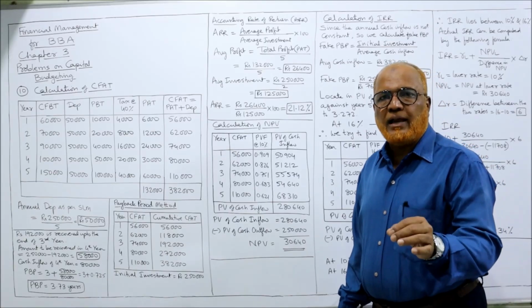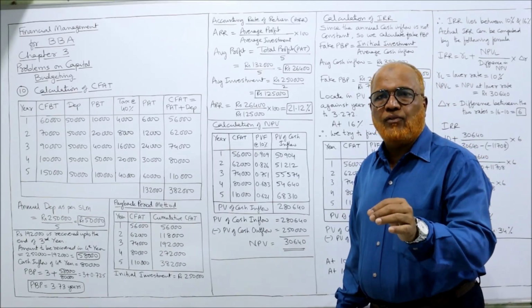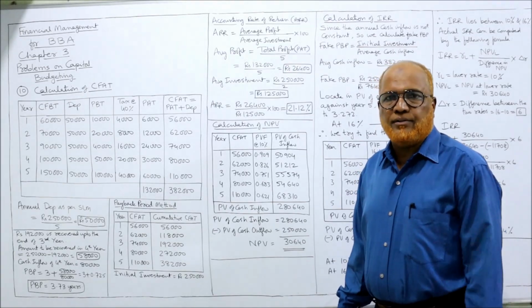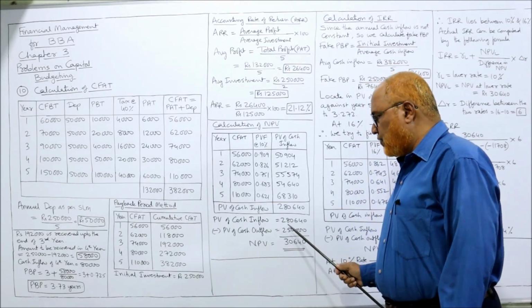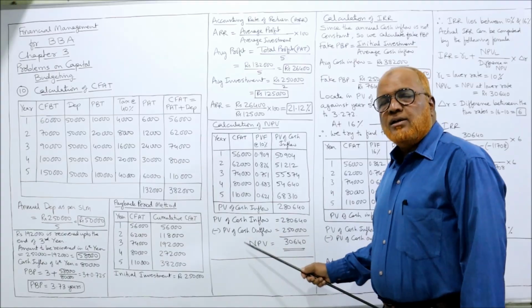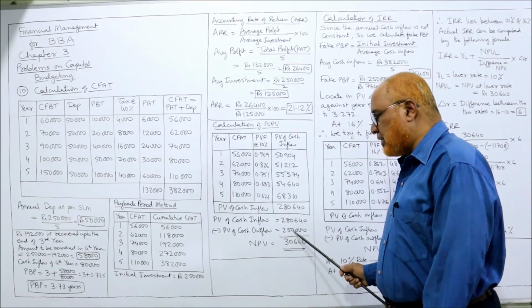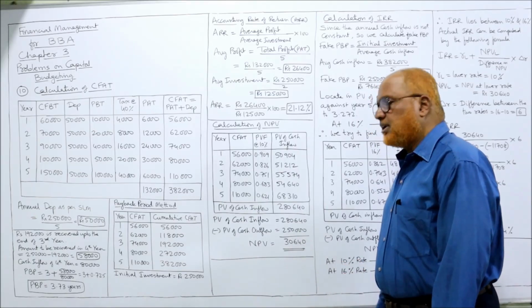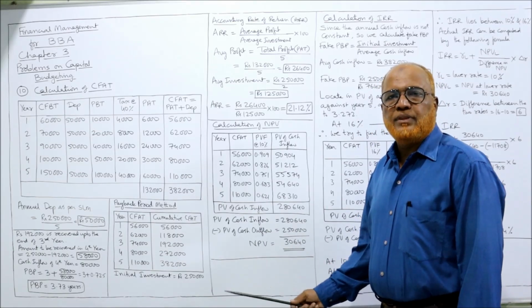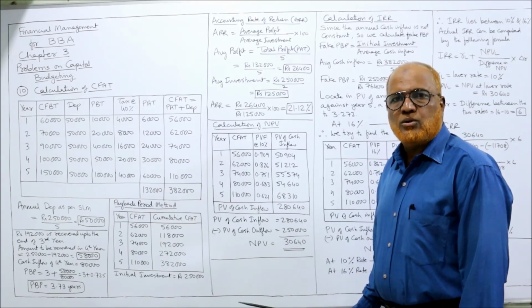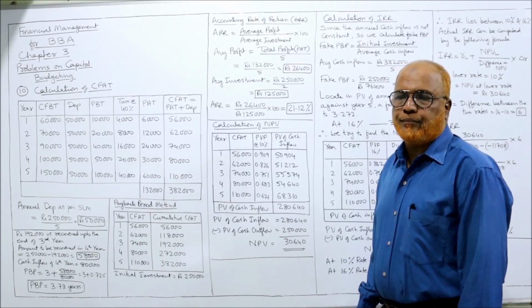This is the present value of all cash inflows which we are going to get in 5 years. So PV of cash inflow 2,80,640 minus present value of cash outflow, that is initial investment 2,50,000. Subtract, 30,640. This is the net present value, NPV.